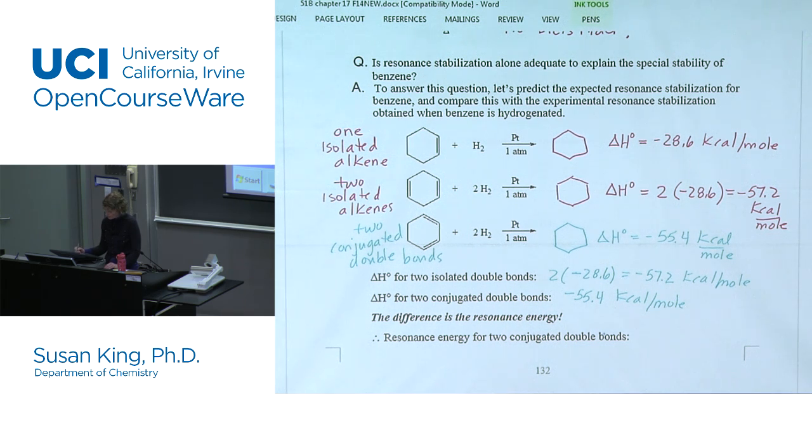So the resonance energy for two conjugated double bonds is minus 55.4 minus a minus 57.2. We want just the absolute value of the difference here, and that's equal to 1.8 kcals per mole. So that is the resonance stabilization for two conjugated double bonds. Questions so far? 1.8.